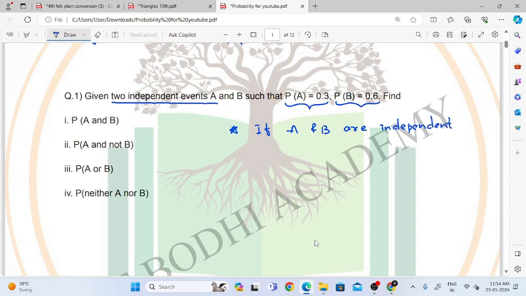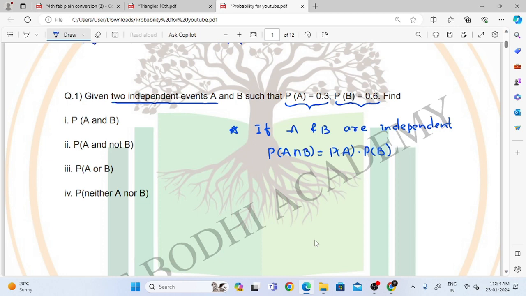If 2 events are independent, then probability of A intersection B is equal to probability of A into probability of B. If this condition holds, then we can say the events are independent and vice versa.